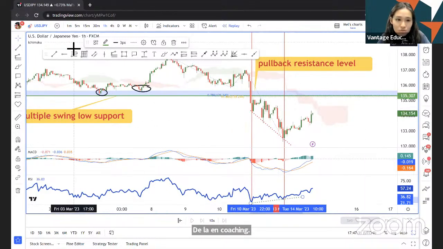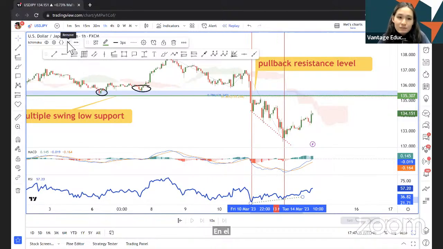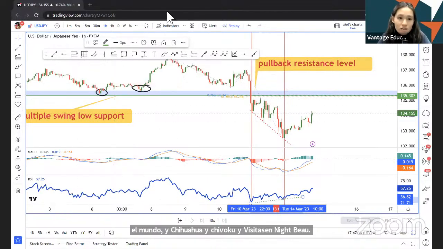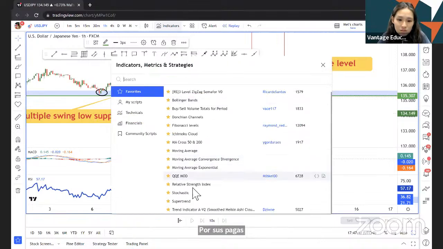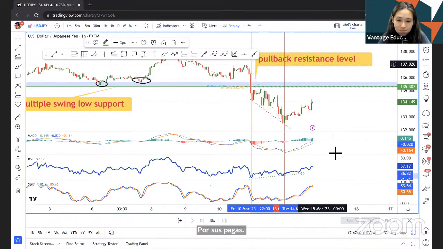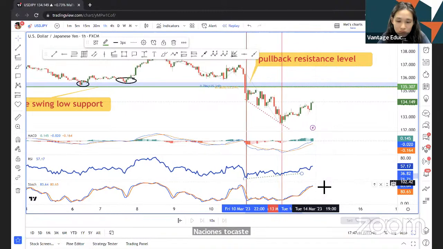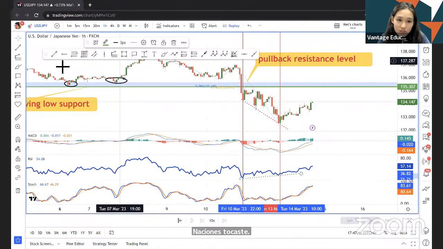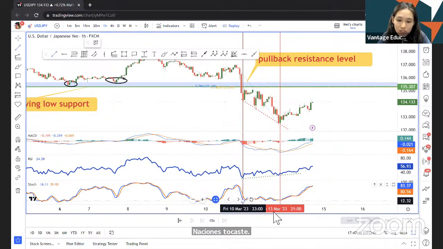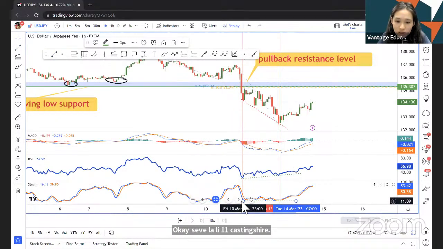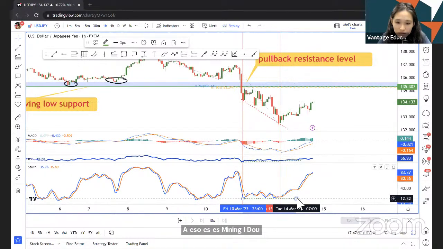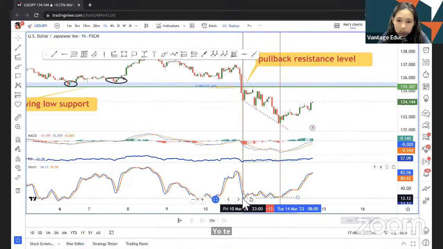So I'm going to remove Ichimoku because it doesn't line up with our bullish bias. Let's use stochastic. Similarly on stochastic, we see that prices have made a higher low over here.